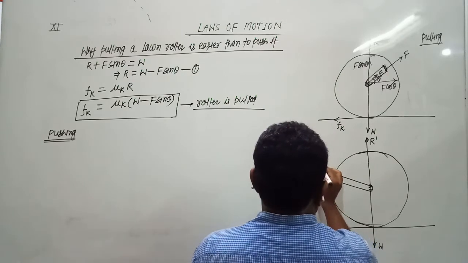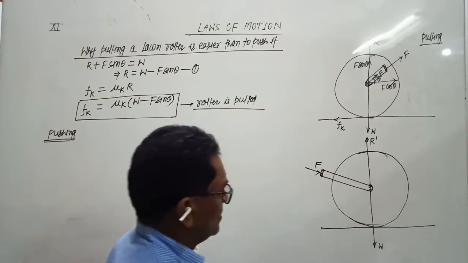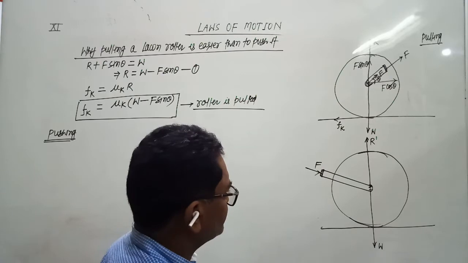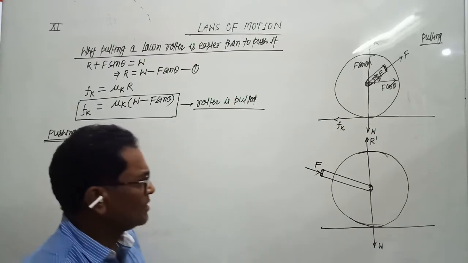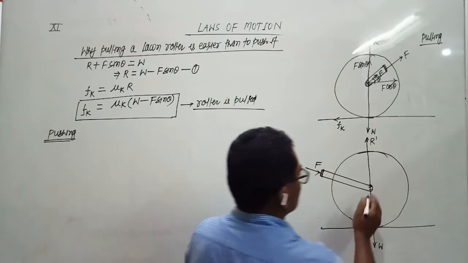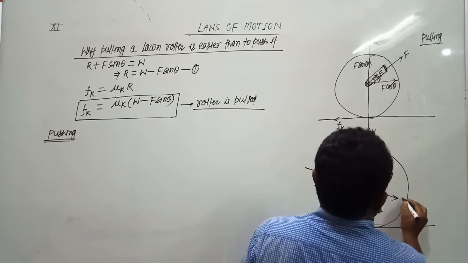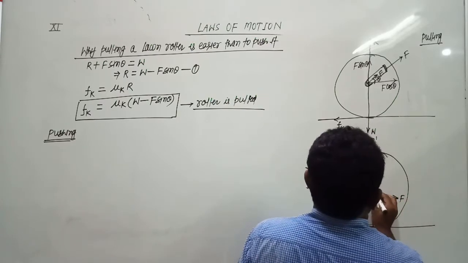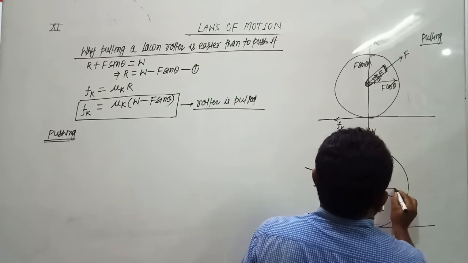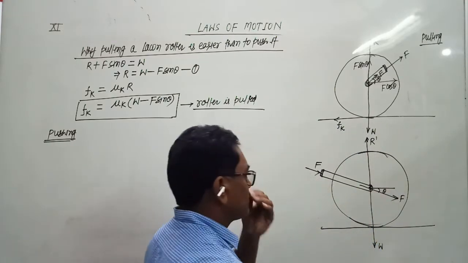And the lawn roller is pushed by the force F, and this force is making an angle theta with the horizontal.